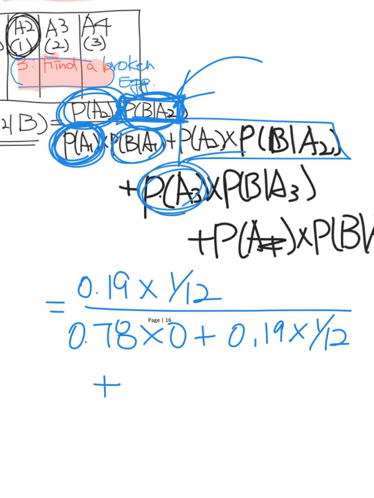And how about A3? Probability of A3? How much was that? 2%? 0.02? And now, B given A3. What does that mean? A3: there were 2 broken eggs, 10 clean ones. What is the chance I choose a broken one? 2/12.